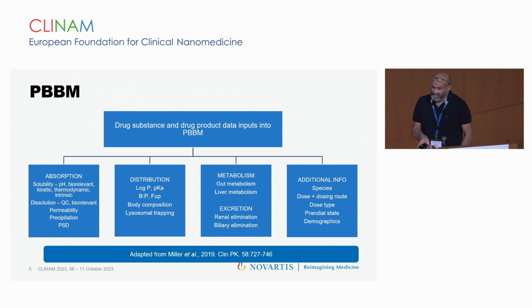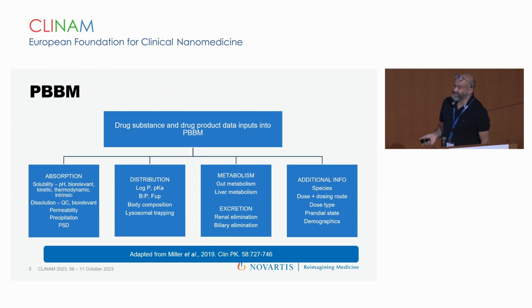For physiologically based biopharmaceutics modelling, we need a lot of characterisation data for both the drug substance and the drug product, and all these data can be put into the PBBM model. In terms of absorption, we're mainly interested in different types of solubility measurements, the dissolution profiles, the permeability, the precipitation, and the particle size distribution.